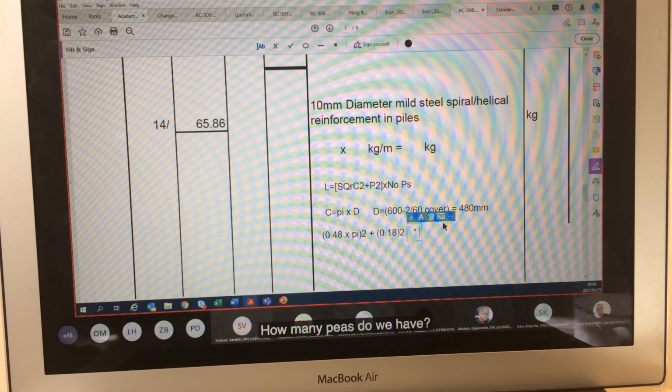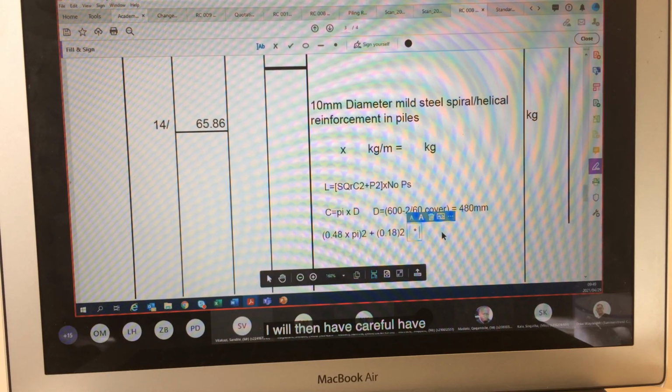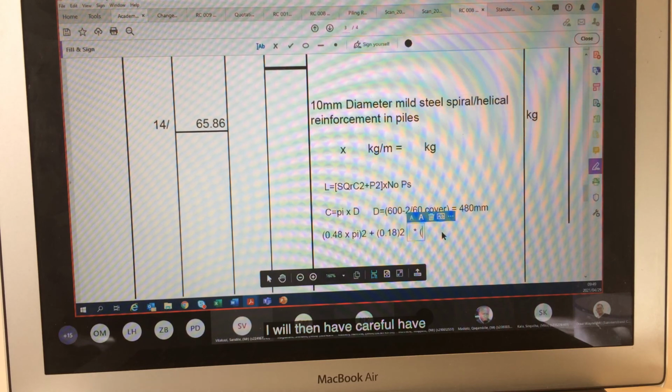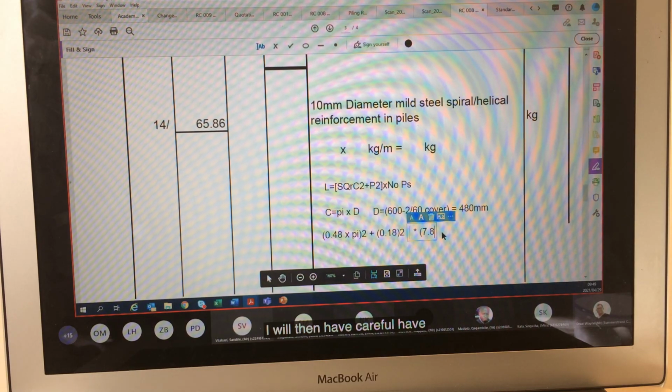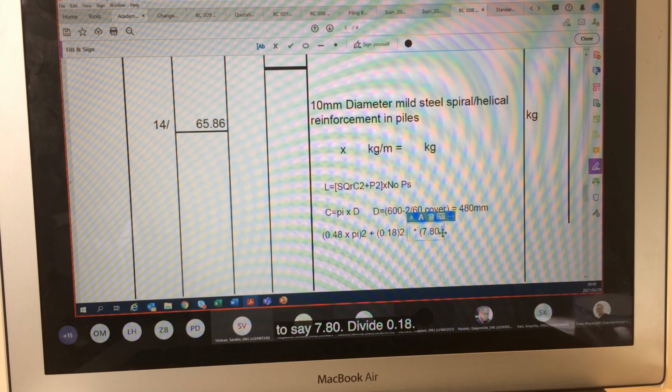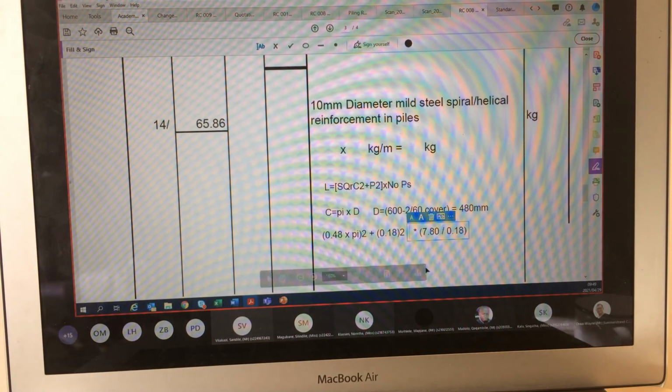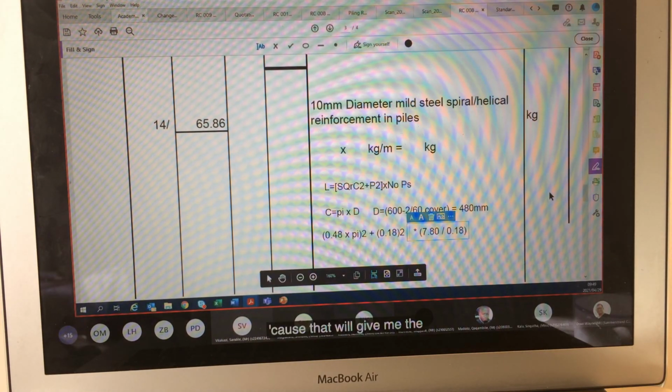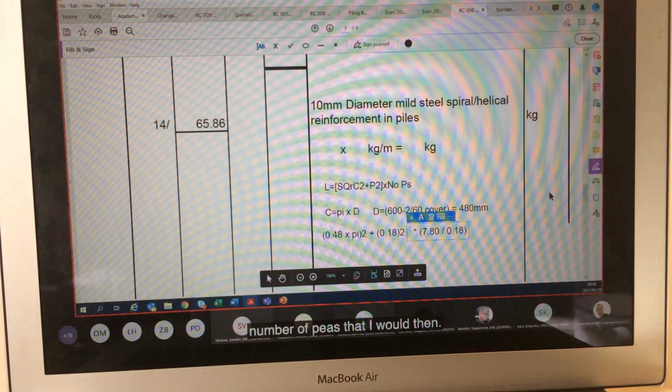How many do we have? I will then therefore have to say 7.80 divided by 0.18, because that will give me the number of pitches.